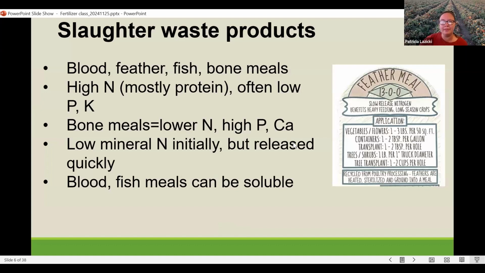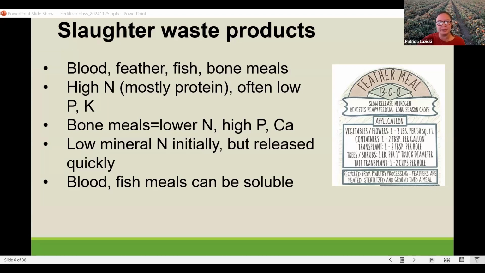So starting with slaughter waste products. Often these are blood, feather, fish, bone meals. They tend to be pretty high nitrogen, and again, mostly protein. Often low P and K, though not always. Bone meals have a lower nitrogen and a higher phosphorus and calcium.